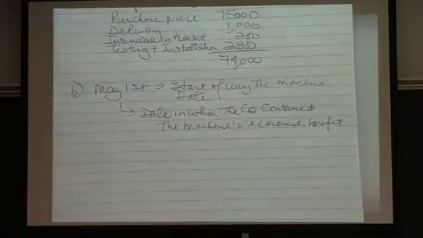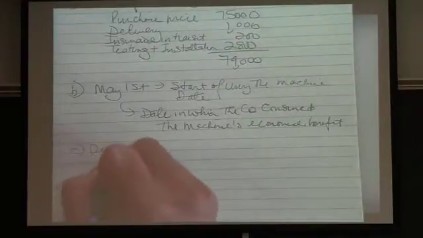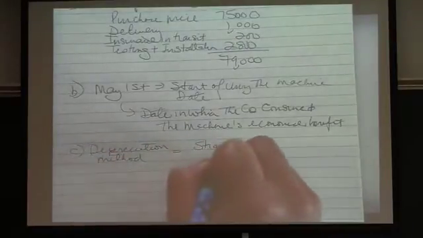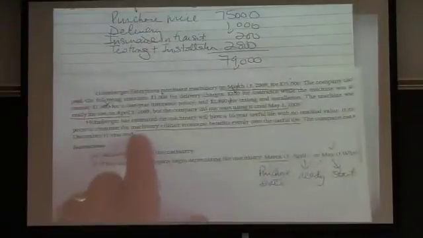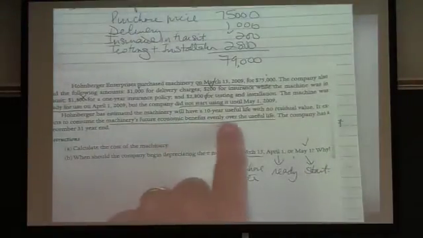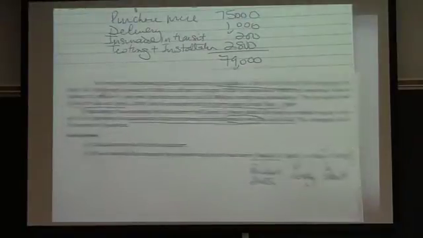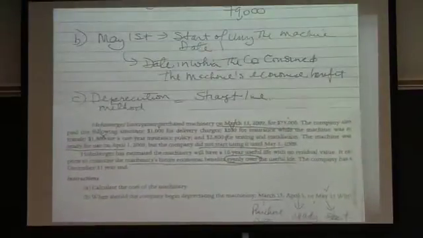So the depreciation method of choice should be straight line, because remember, it says the future economic benefits are consumed evenly over the useful life. And the word evenly should give you a hint that the more appropriate depreciation method is straight line.